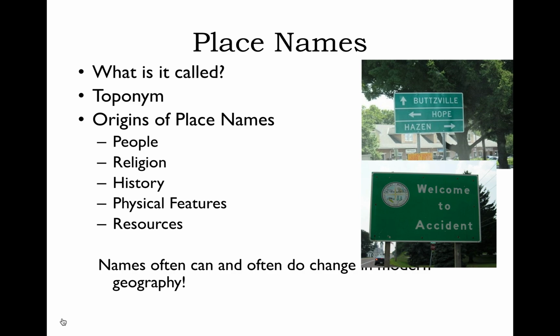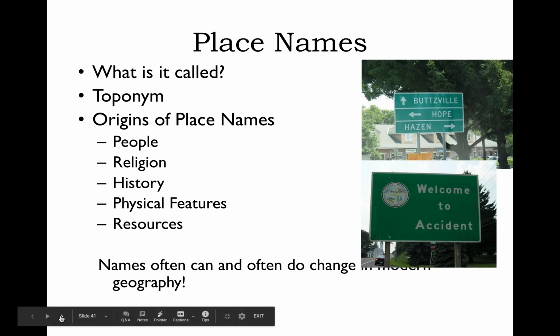And it can also be named after resources, such as places in Nevada called Gold Point or Silver Peak or Eureka, named during the gold rush in the United States. And toponyms can change, and they often do, based on the changing of history.